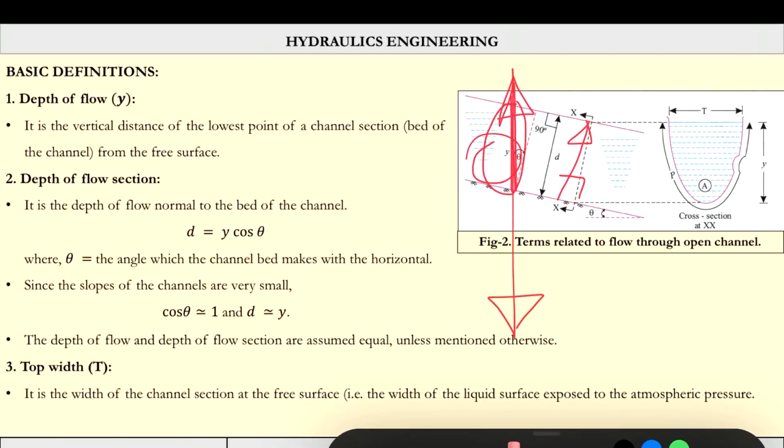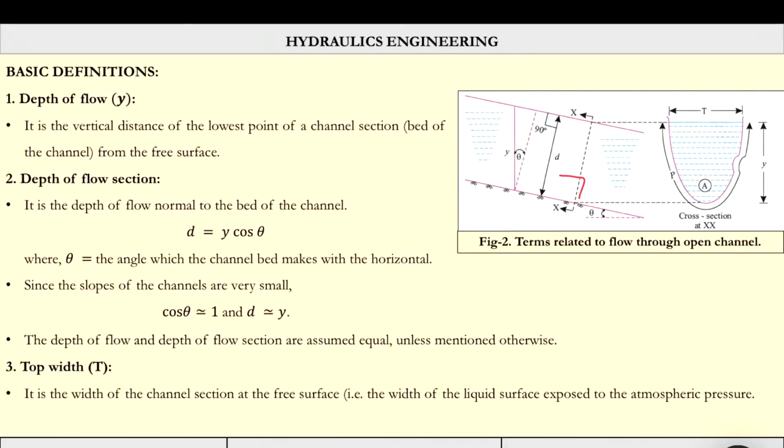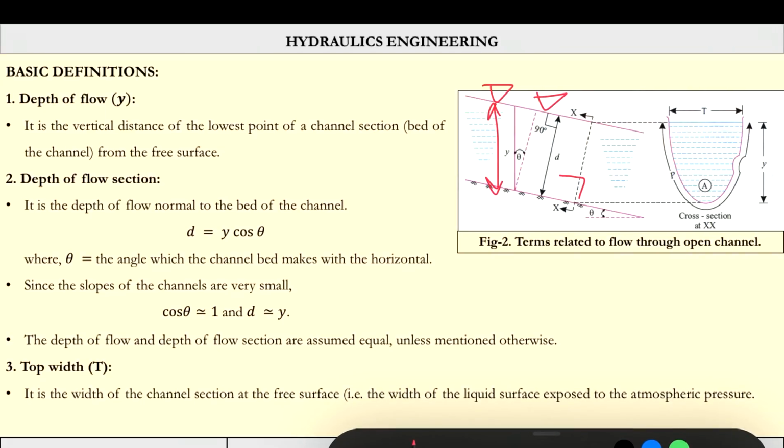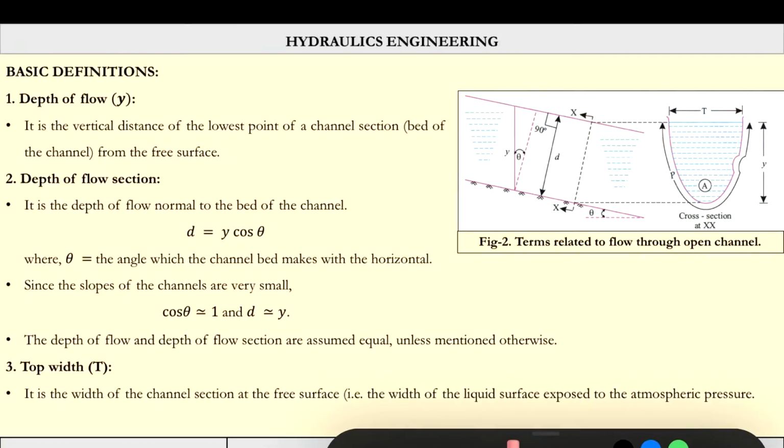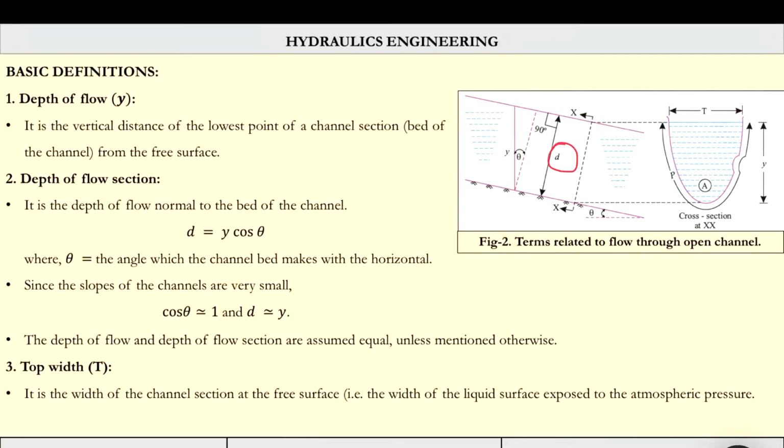It is the vertical distance of the lowest point of the channel section from the free surface. This is your free surface, and from here you can check the depth of flow anywhere. Depth of flow section is the distance normal to the bed, which I was talking about. This is d. So d is normal to the bed up to the free surface.